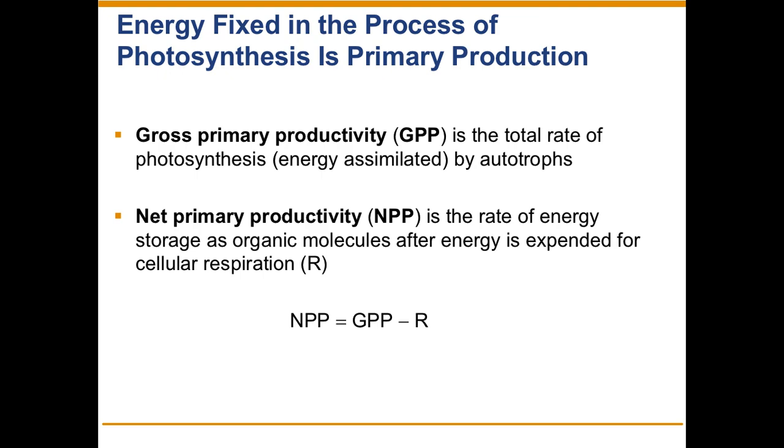So in order to photosynthesize or in order to oxidize those chemicals, these organisms have to be active. And when they're active, they're burning oxygen. They're expending energy. So we've got two rates: the gross primary rate and the net primary productivity rate, or NPP.